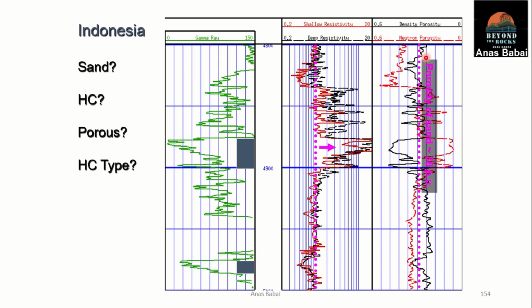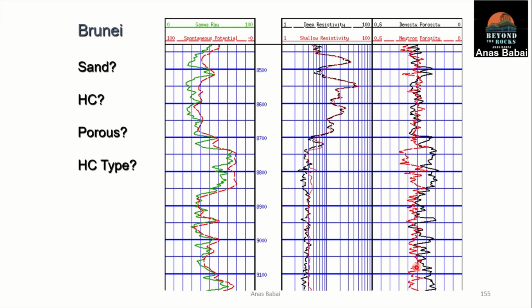We have porosity more than 30% in this zone, and the separation between the neutron and density is very high, so we can identify this zone as a gas zone, while this zone, which has very low resistivity, less than the shale, and the neutron and density are overlaying each other, means it's a water zone.